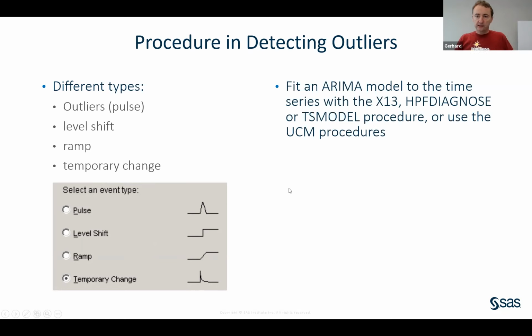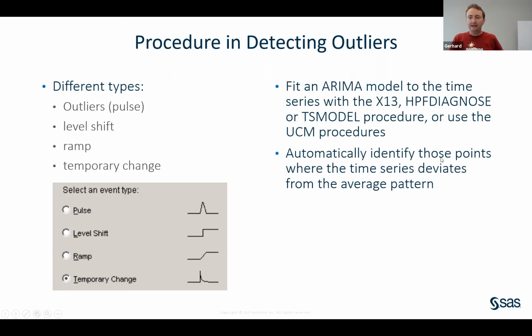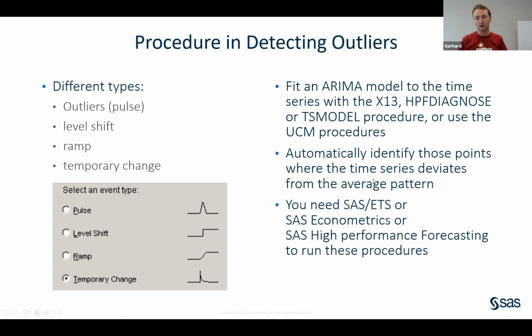There are procedures in SAS ETS, for example, the UCM procedure, the X13 procedure that automatically analyze your time series and identify those points that deviate from the average pattern quite a lot. So these procedures can do this automatically for you. However, be aware you need to have a SAS ETS license or via a SAS econometrics license.